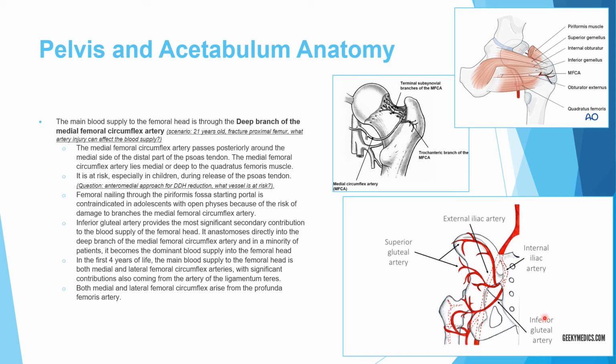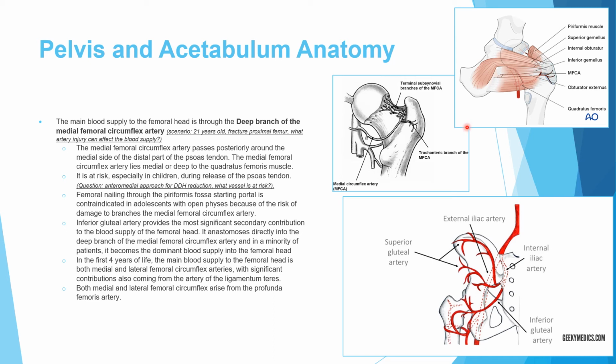Also, it's important to know that the inferior gluteal artery will anastomose with the deep branch of the medial femoral circumflex, and this anastomosis is important for the blood supply. In a minority of cases, the dominant blood supply to the femoral head actually comes from the inferior gluteal artery. Remember that both the medial and lateral femoral circumflex arteries come from the deep femoral artery, or the profunda femoris artery.